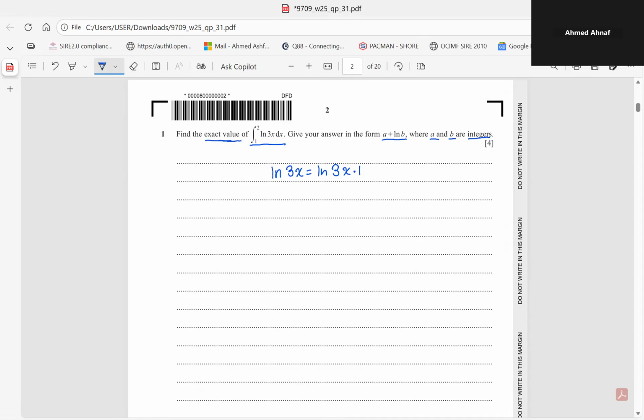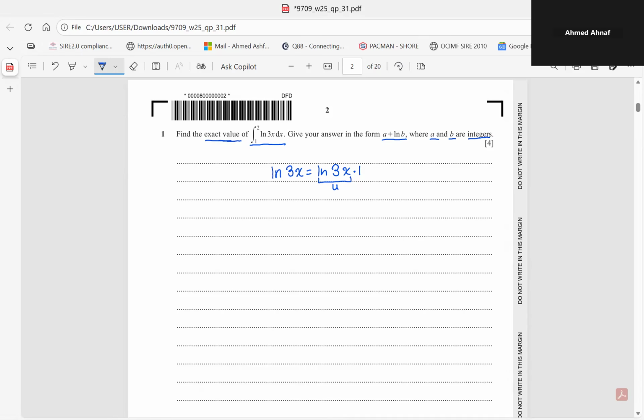So what this means is we'll be using integration by parts, since that's what you use when you want to integrate a function that is expressed as a product of two other functions. So let's choose our u and our dv/dx.